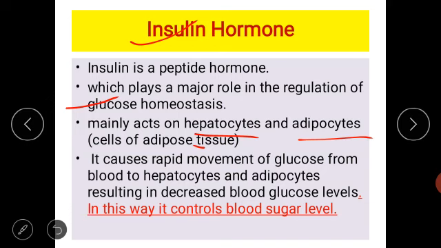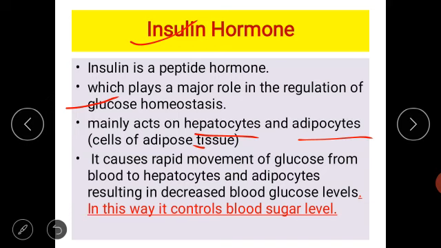When insulin is released into the bloodstream, the free glucose in the blood is transported towards the hepatocytes and adipocytes. Hepatocytes are the cells of the liver and adipocytes are the cells which store fat. The extra free glucose in the blood is immediately moved towards these cells.